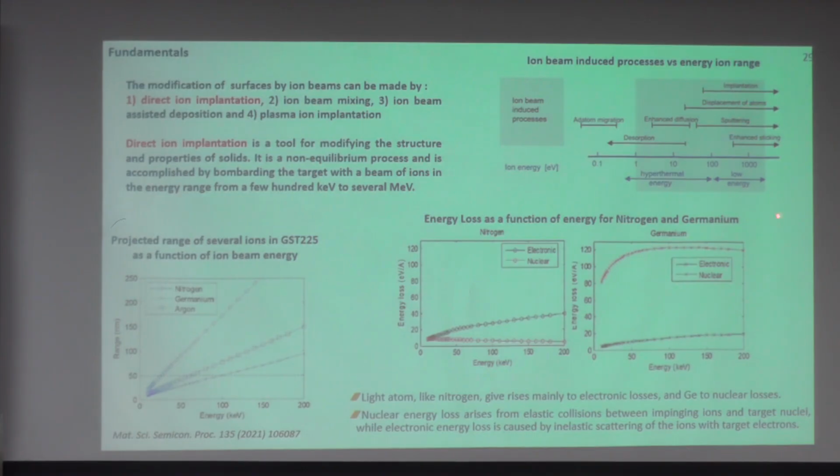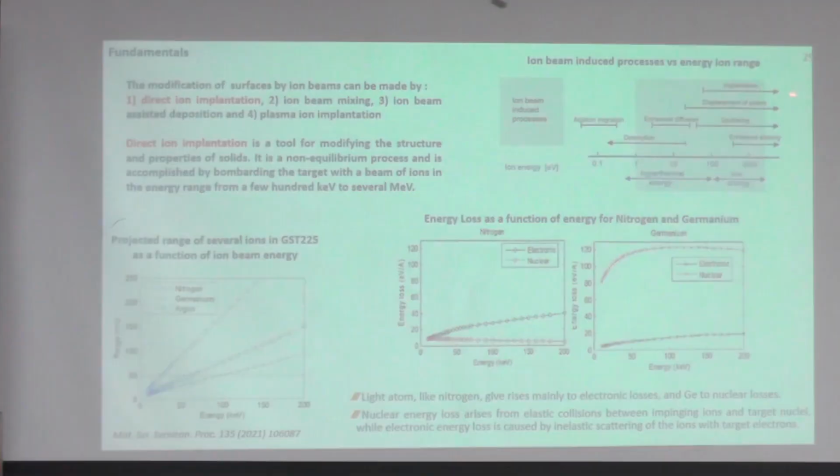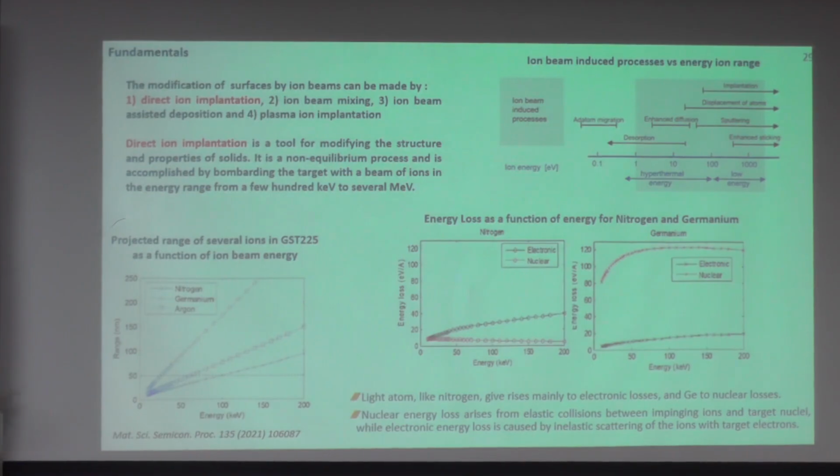We can see that ion beams can induce implantation, displacement of ions, sputtering, desorption, and other processes. But as I said, we are interested in ion implantation, and we will see how this implantation affects the displacement of atoms in our materials.